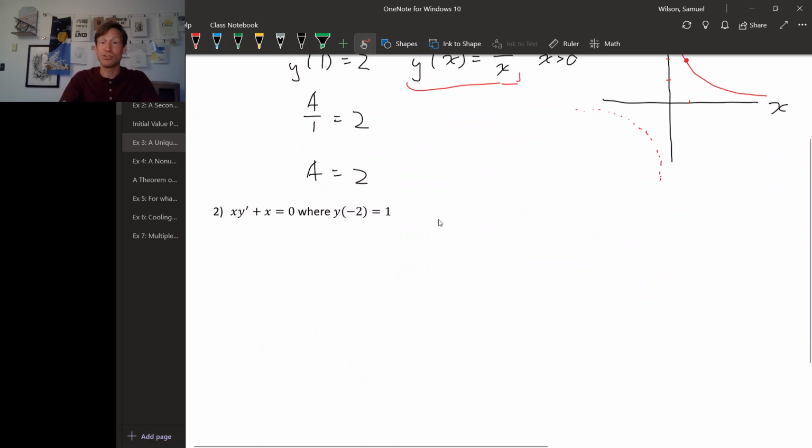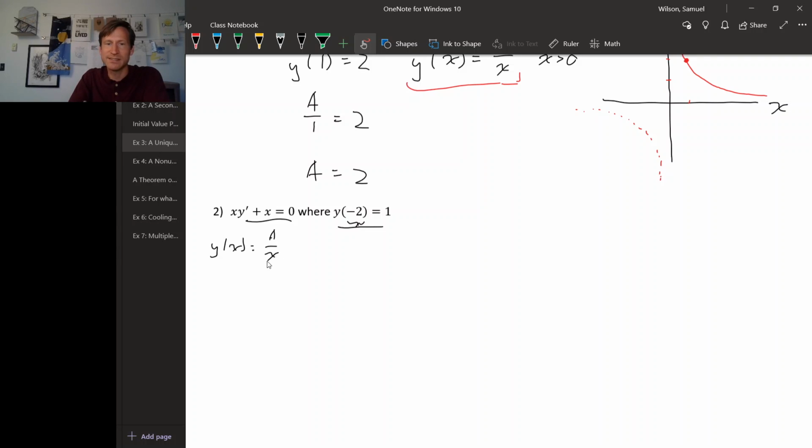Okay, let's look at another initial value problem. Same differential equation, but a different initial condition. Again, we can plug this x value into our general formula for a solution, which remember was y of x is capital A over x.